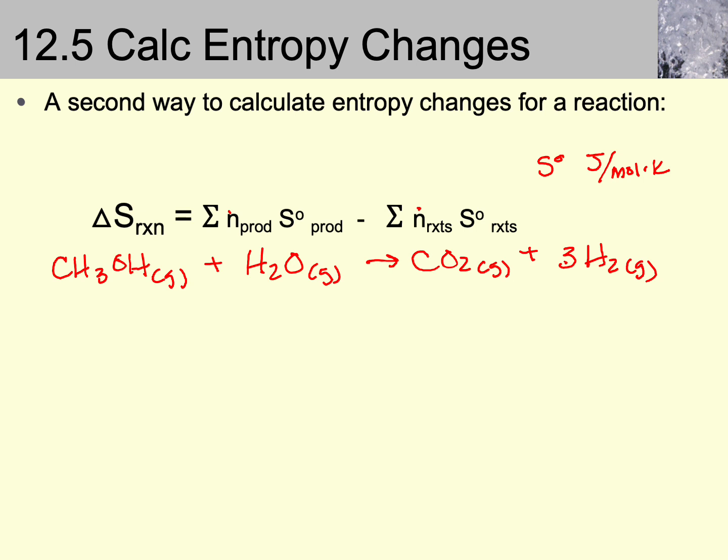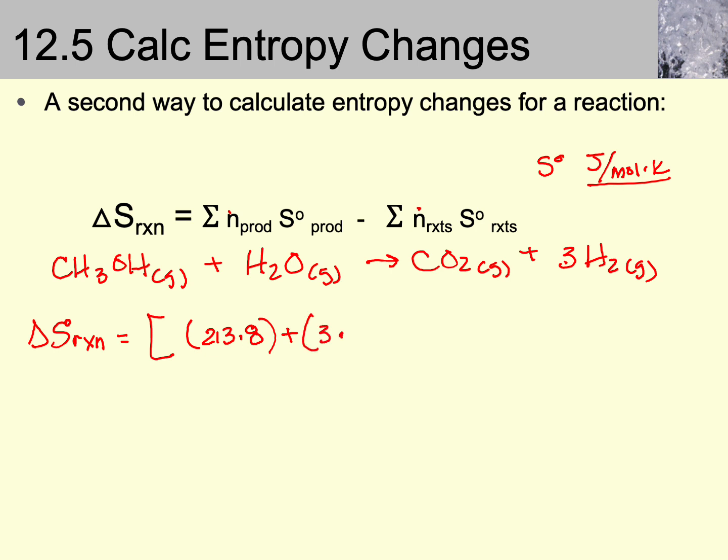The moles is now the coefficient of the reactants. So writing these out in this format, I can get the delta S of reaction. It's going to be equal to the summation of the products. So I'm going to go over here first. I have 1 carbon dioxide, and carbon dioxide is 213.8, and these are all in units of joules per mole per Kelvin. Plus, I have 3 waters, or sorry, hydrogen gas.